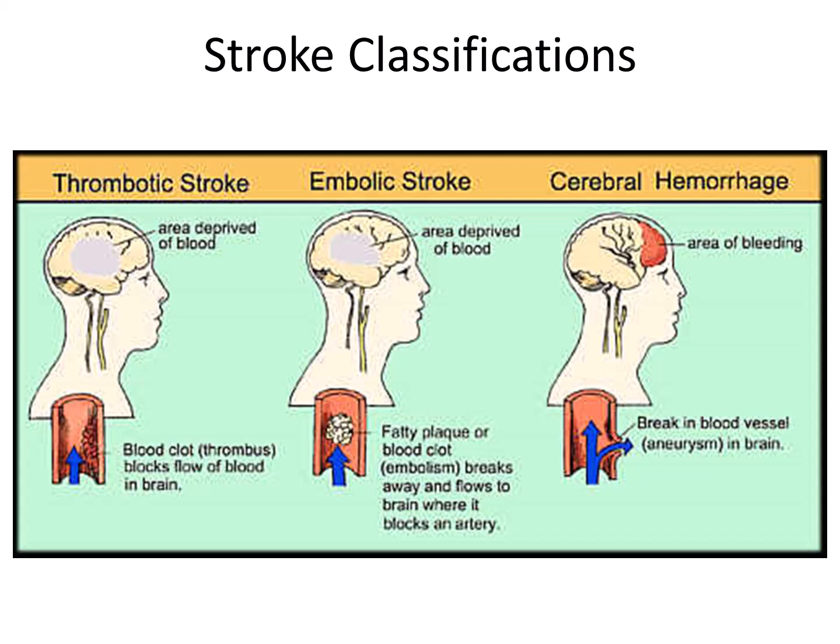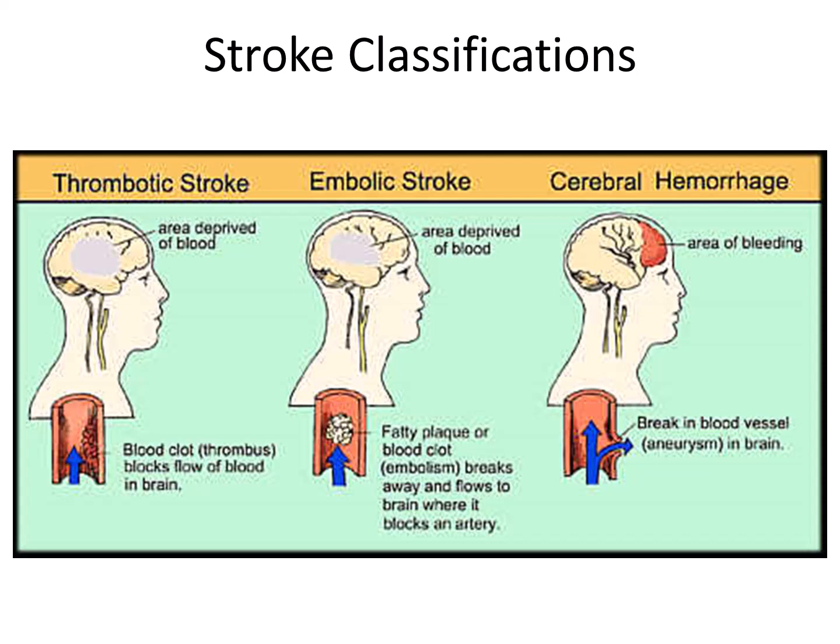If you look at the picture on the left-hand side, you can see the thrombus is something that forms in the blood vessel and blocks the flow of blood to the brain. With this blockage, you get an area of the brain deprived of blood, and depending on the area, you'll see different patient signs and symptoms.